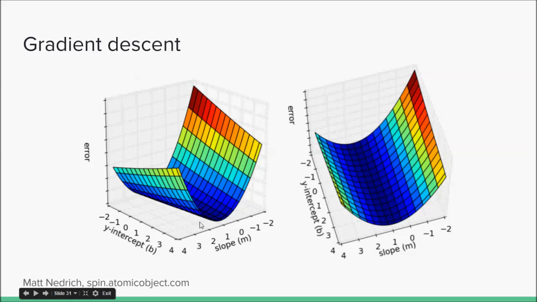And here I'm showing you that the things that they're trying to fit, the slope and the intercept, are on the bottom axes here. So this is the entire parameter space that is being searched here. And for example, for a slope of 2 and an intercept of 0, the error would be this value that you see here. And the error is both encoded on the z-axis and color-coded on this sheet. So the brighter red is a higher value of error, whereas the blue is a lower error value.